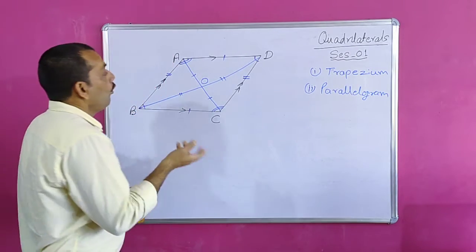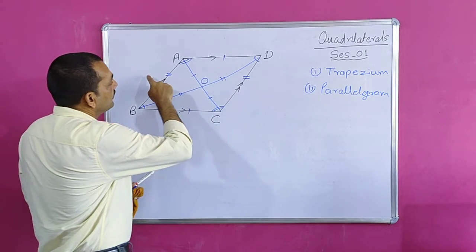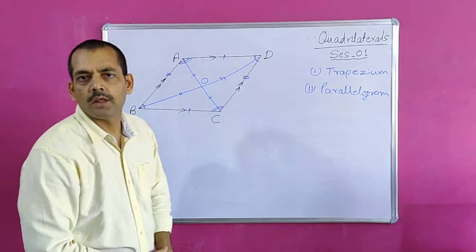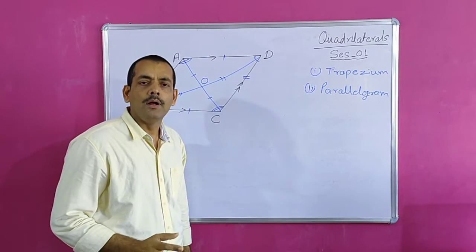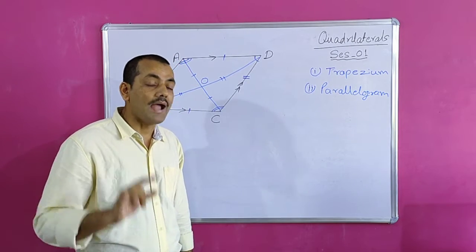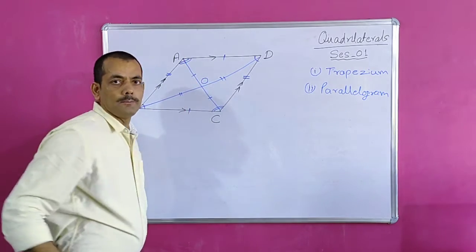Now, what if these adjacent sides are equal? In case of a parallelogram, opposite sides are equal. But my point is, what if adjacent sides are equal?